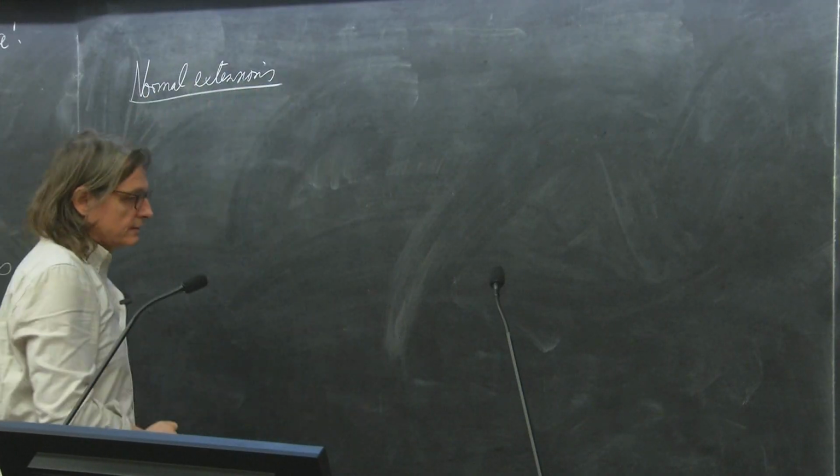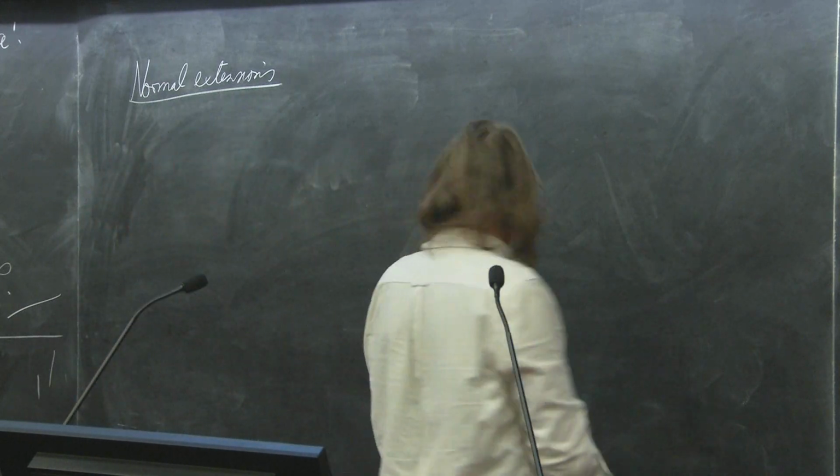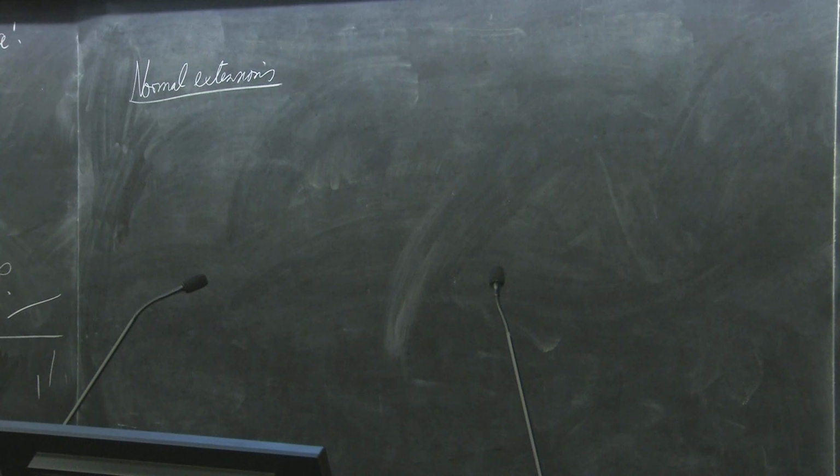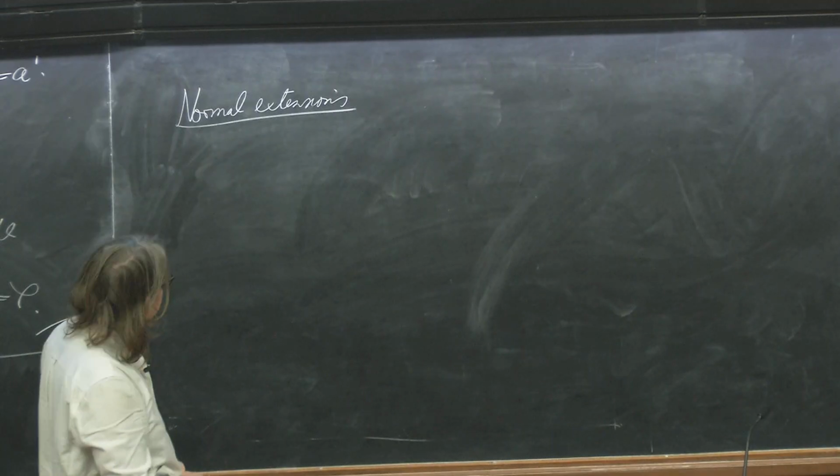One wants to, for instance, understand what all the intermediate fields of a Galois extension are in terms of this Galois group, which is the group of automorphisms of the big field over the small field.